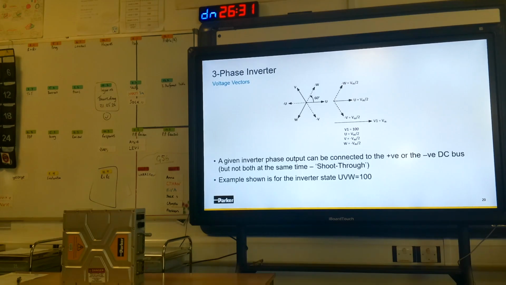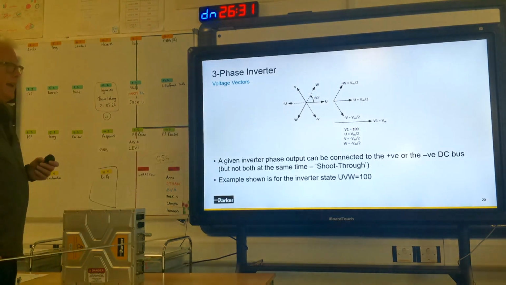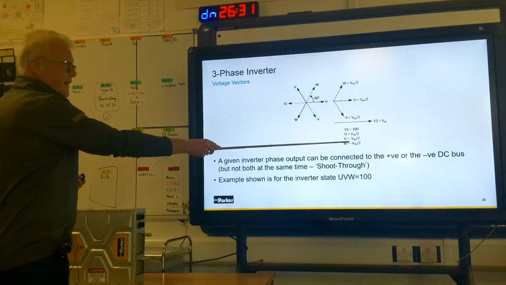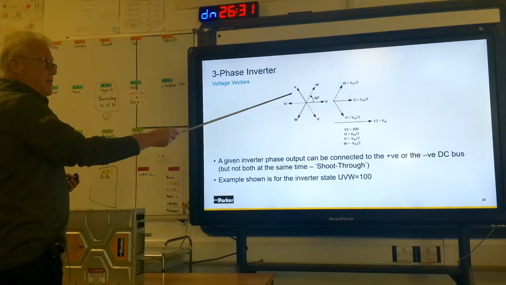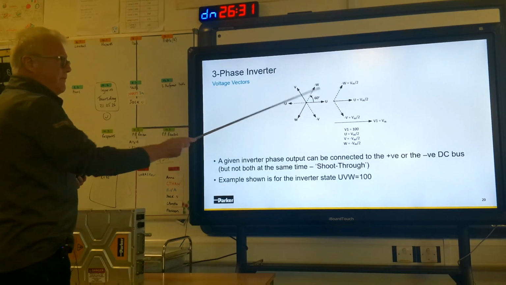Well, here's an example where I have connected the U phase to the top of the DC link. So I've got half the DC link voltage pointing that way. And I've got the V and the W phases connected to the bottom of the DC link, so I've got minus half the DC link on those 2. And if I use my handy diagram, you would end up with these vectors.